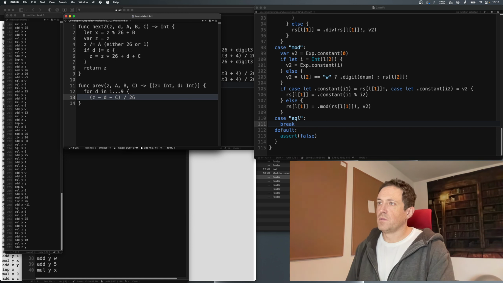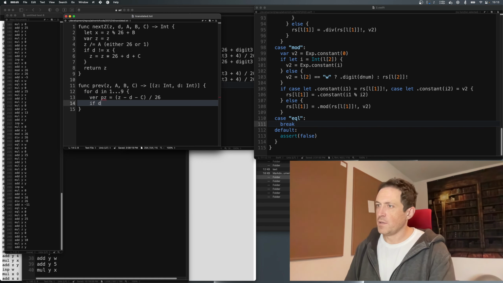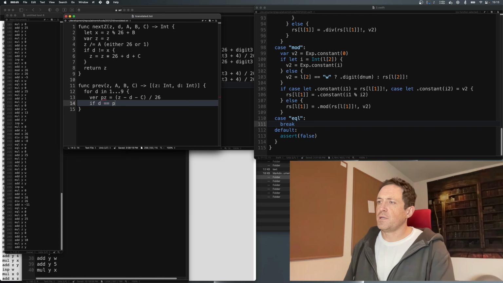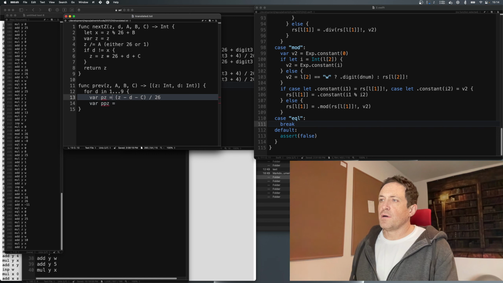So prev z, if d equals prev z, so that's mod 26. Oh no, sorry. Z on line 5.